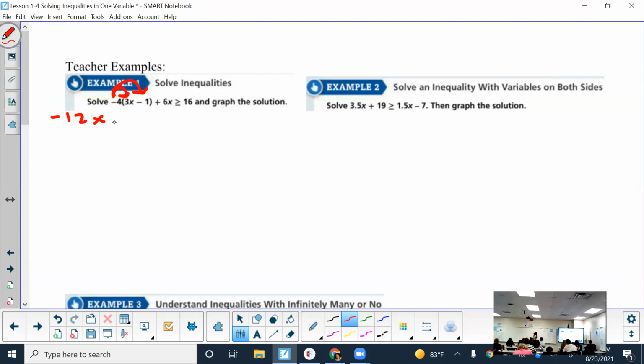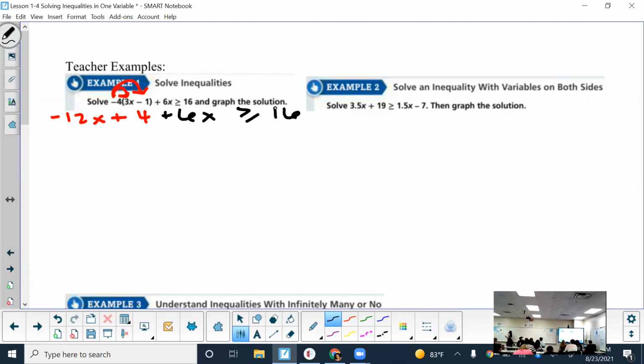Good. And then -4 times -1. Positive or negative? So put +4. All right, and then bring everything else down. Questions there? You getting better at distributing?